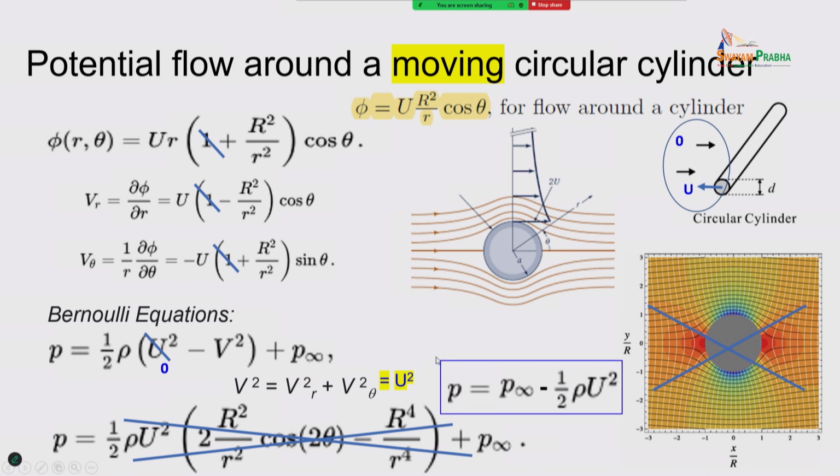And you can get the pressure at infinity: P infinity minus 1/2 rho U squared. Okay, that is the pressure. So it's not this anymore.